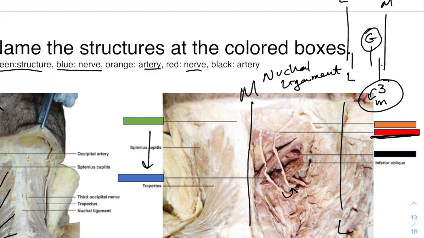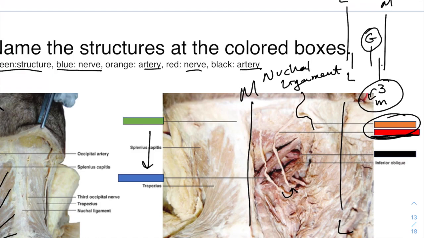And then lastly, there are two more structures. In black is an artery and the orange is an artery. Let's talk about the orange one first. This very superficial artery seems to be running and curving around.